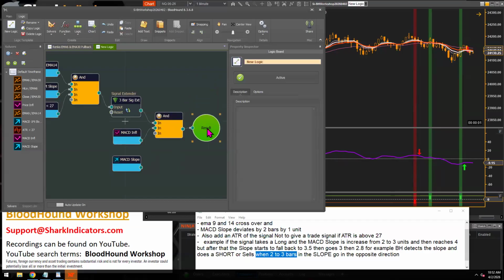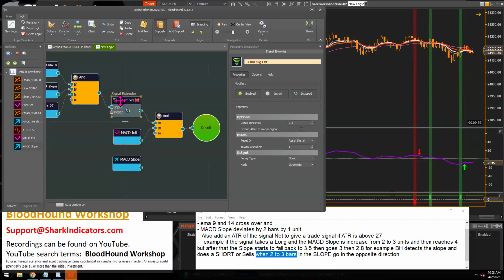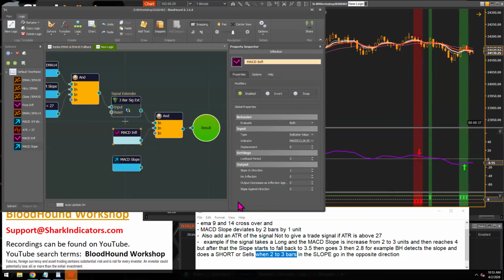Do I extend this reversal signal forward, or I could go the easy route and just take this signal extender, bump it up a couple of bars there, and then I can go into the inflection solver and bump that up by a couple of bars, right? And there we go.